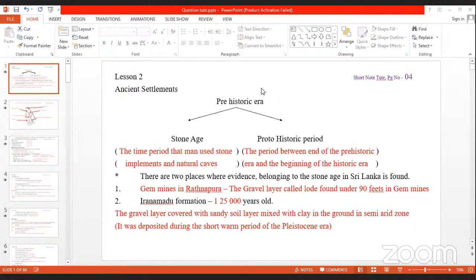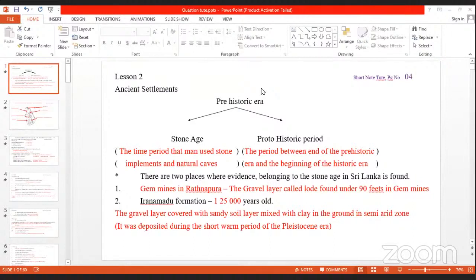So you know that in the question paper in the Sri Lankan history part, we have 6 questions, and you have to answer 4 questions out of these 6 questions. Out of these 6, 2 questions we will be discussing.